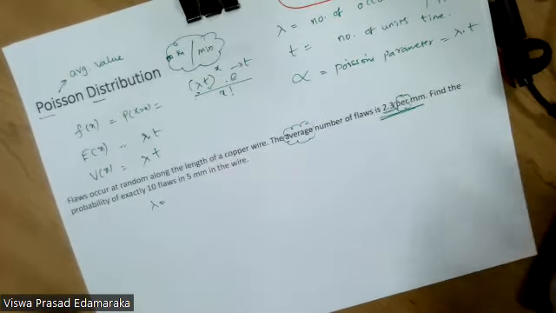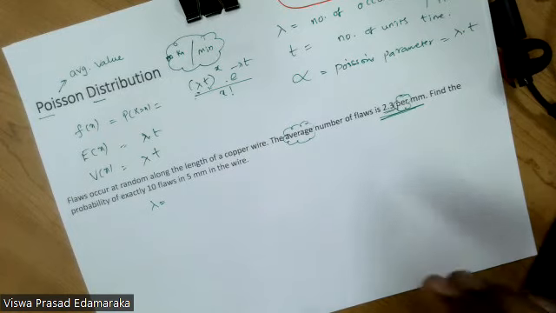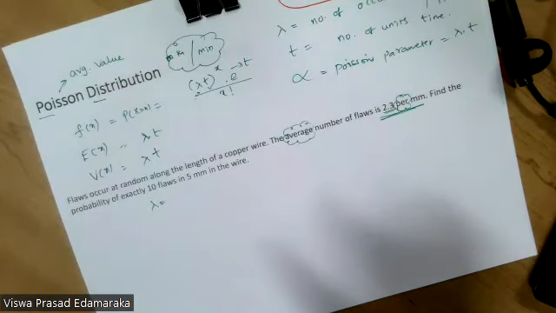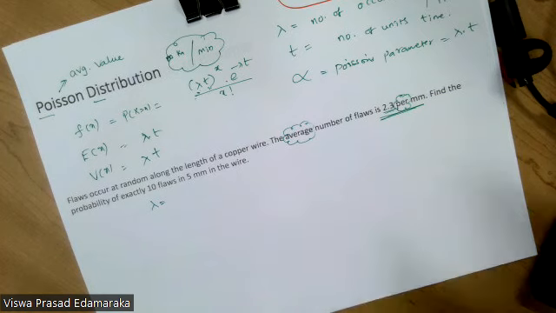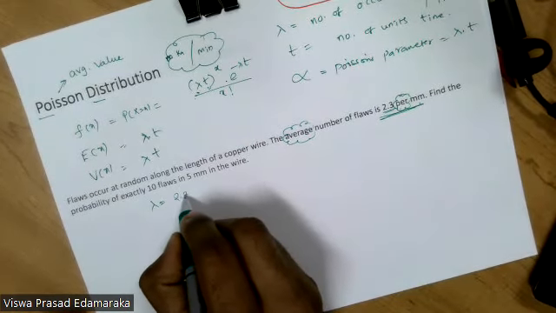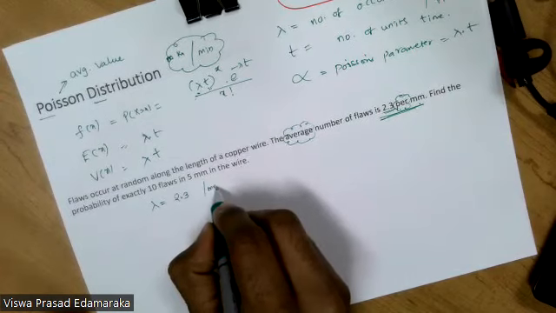Please read carefully what he has given. In the class itself, he taught sometimes with the alpha value directly, sometimes with the lambda value. So you need to observe the unit: if he has given per mm, that means lambda. Straight away write 2.3 per mm.